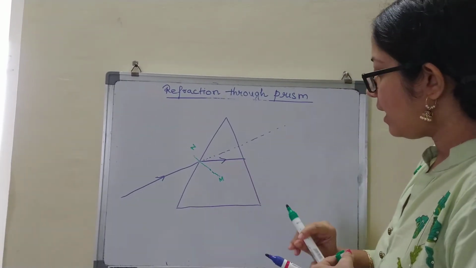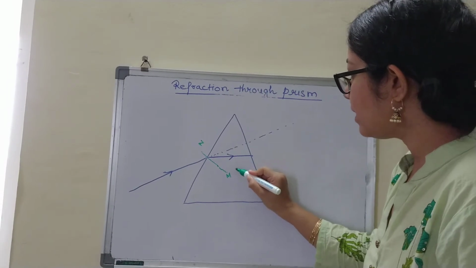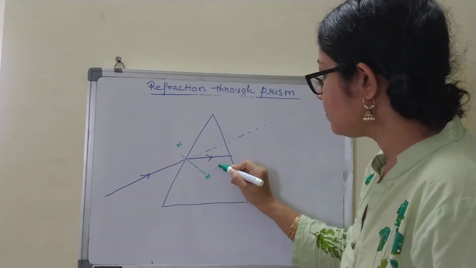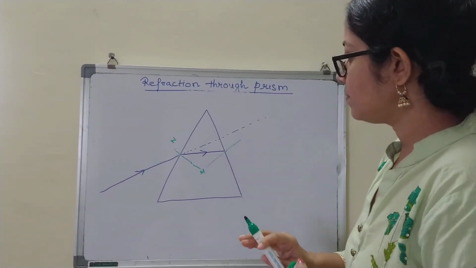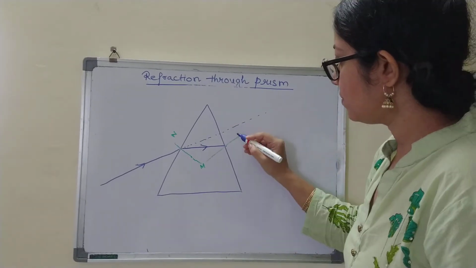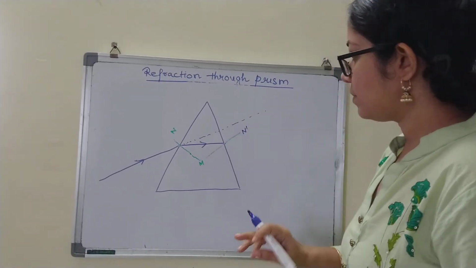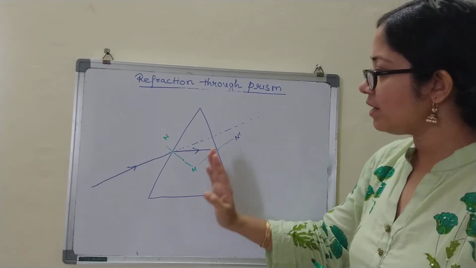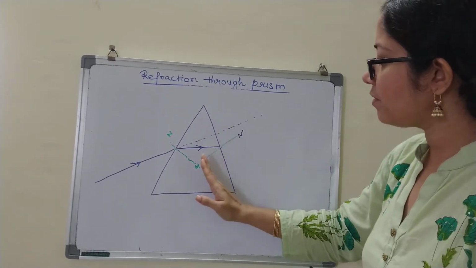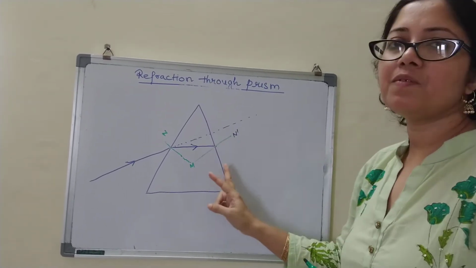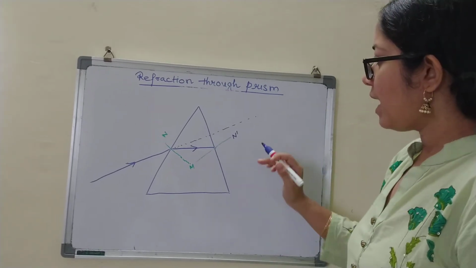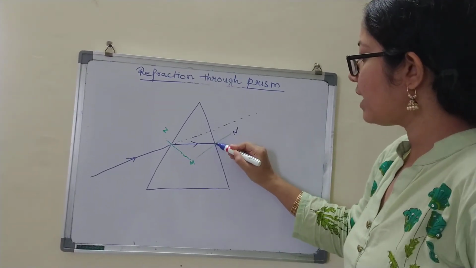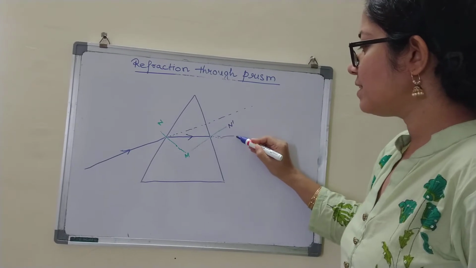Now, if I draw another normal over here, what we will see is that this is coming from glass to air, so there will be a second refraction, and this ray ideally should have gone like this, right?